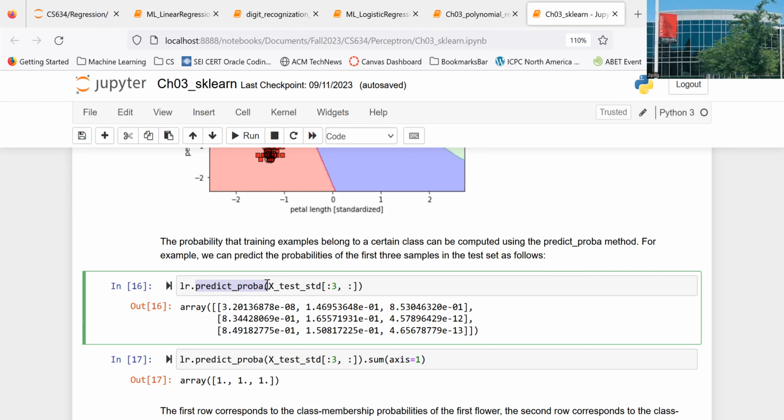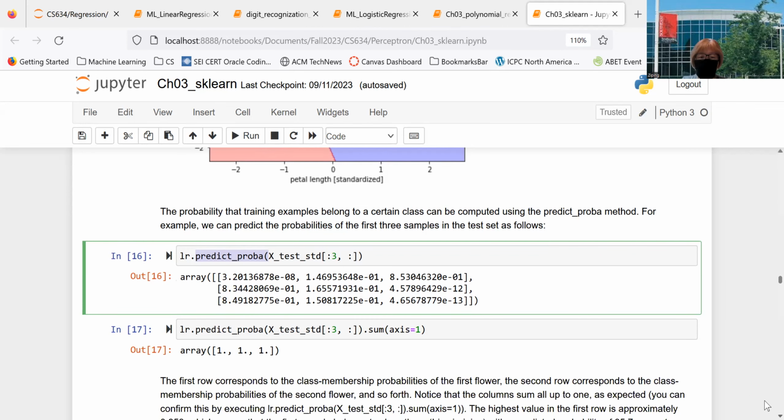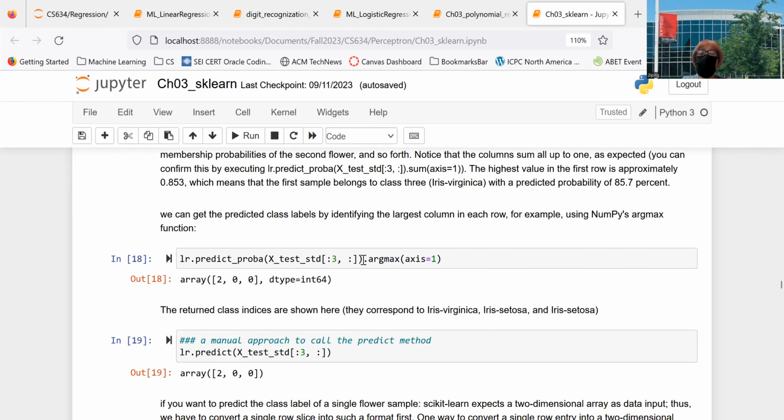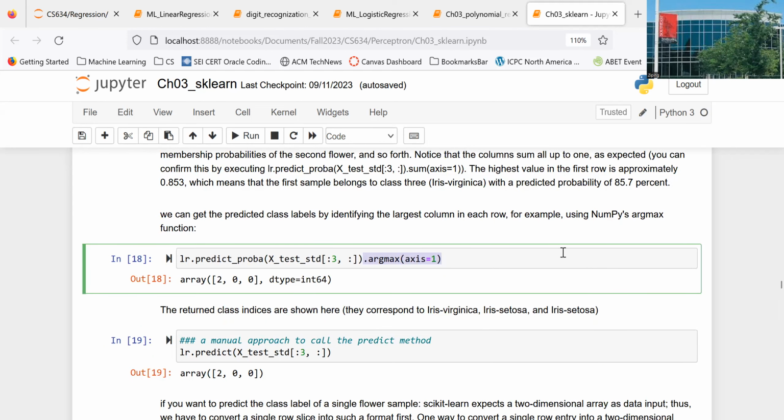So it gives you the probability. Then you pick the largest one, greater than 0.5. That means it is that class with high probability, but it's not 100%. And do you recall we discussed the argmax function? That's why I say it's very important.